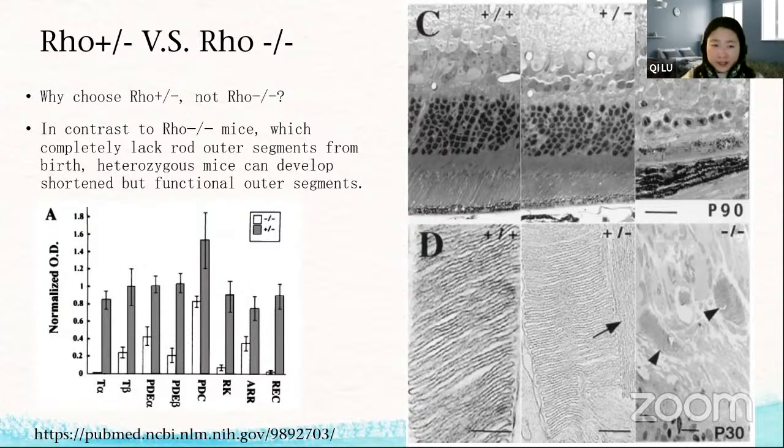We can see here the gray bar, the heterozygote, its protein expression level is not dramatically reduced compared to the wild type control. The only dramatic drops are the transducin alpha subunit and arrestin, but it looks pretty good to me. But for the homozygote, the white bar, it seems really dramatically affected by this mutation.